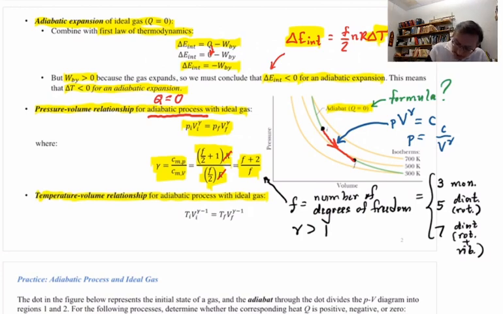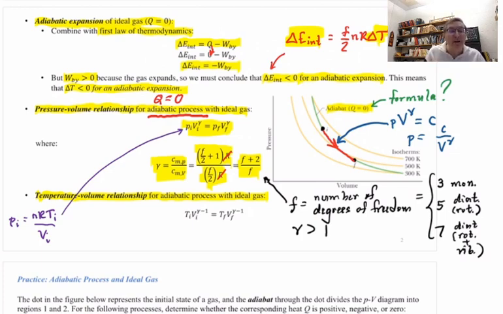Just use the ideal gas law and write P initial equals nRT initial over V initial. And substitute that right there. And then do the same thing for P final. Okay? P final equals nRT final over V final. And substitute that for P final.